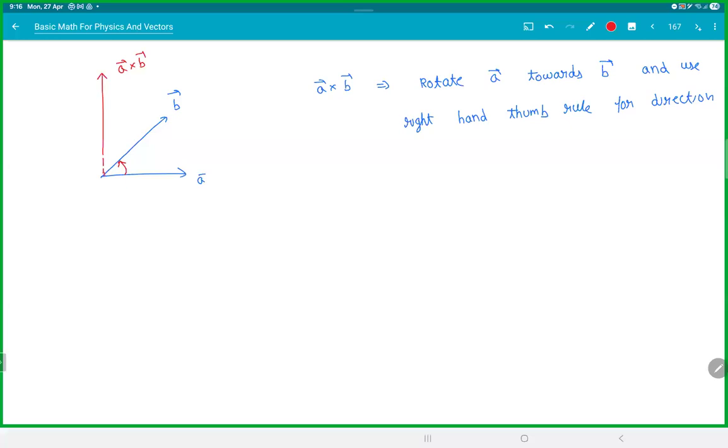You guys remember this? The pseudo vector, we discussed this, like a right hand screw. Similarly, if you say B cross A, means if the B vector rotates towards A vector, then the vector will point down. So the rotation is given by the curl of the fingers and the thumb indicates the direction.